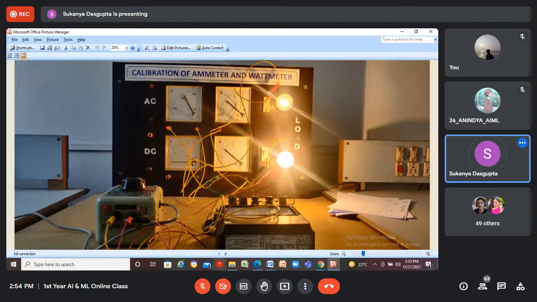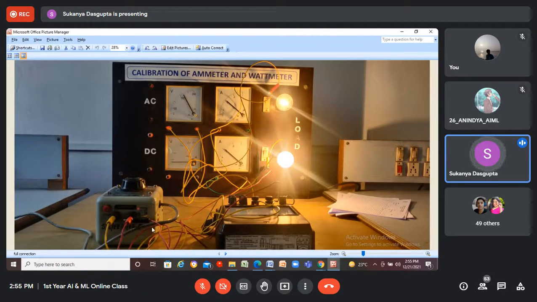Okay, this is the setup that we have in our college lab, basic electrical lab, for this experiment, calibration of ammeter and wattmeter. You can see two voltmeters and two ammeters are mounted on this panel along with two switches and two bulbs.